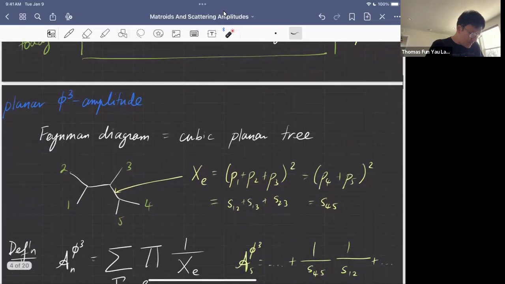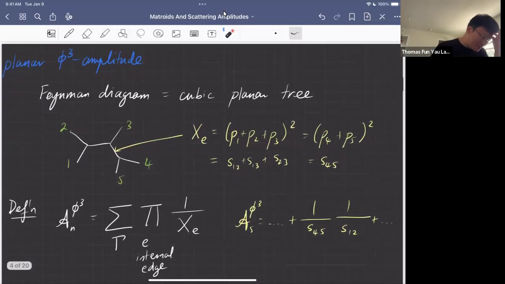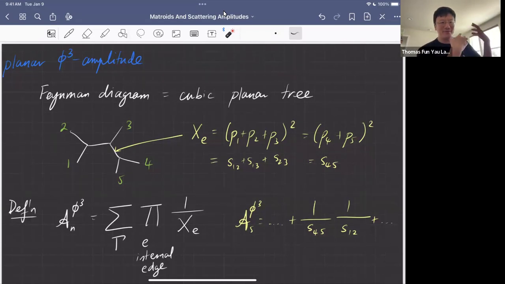Okay. So just to give an example, this is our basic example and the starting point of how to connect to matroids. It is something called the planar phi cubed amplitude. These words up here, especially this phi cubed, are a description of what kind of interactions are allowed between the particles. If I collide a bunch of protons together, I'll get a different kind of interaction compared to if I collide a bunch of photons together.